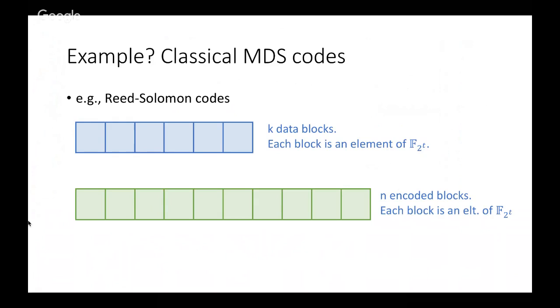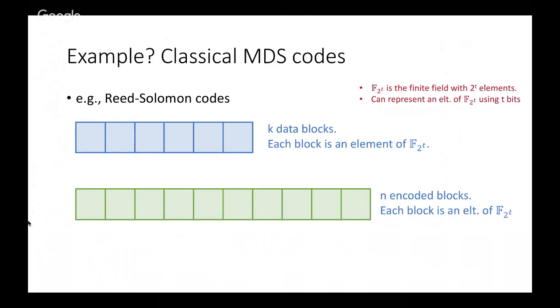And here I'm going to think of each block as living in some finite field of size 2 to the t. So if you haven't seen finite fields before, no worries. A finite field is basically just some finite set where you can add, multiply, divide, subtract, all the normal arithmetic operations you want, just as you could with integers or real numbers.